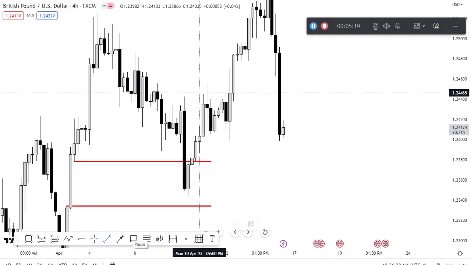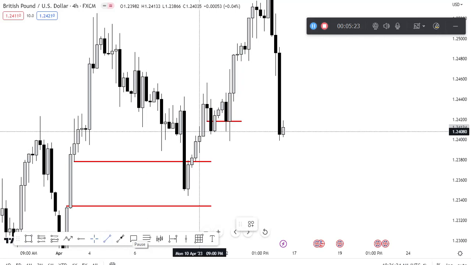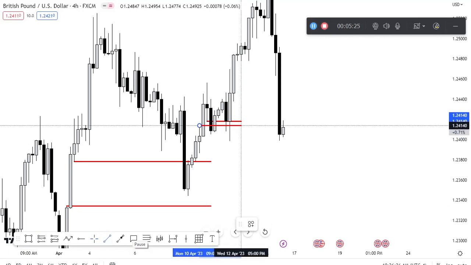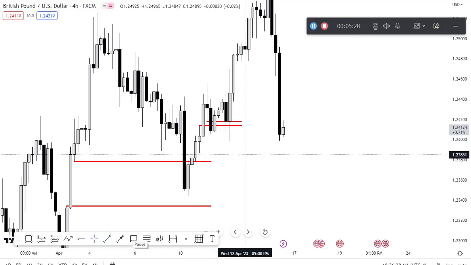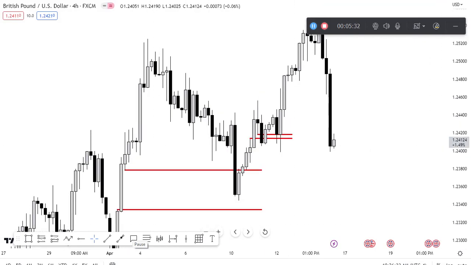Here's one that can still be identified. It's a bit hidden, but it's right here. So these zones, when we scale down to a lower time frame, let me just highlight them so it's easier to see.